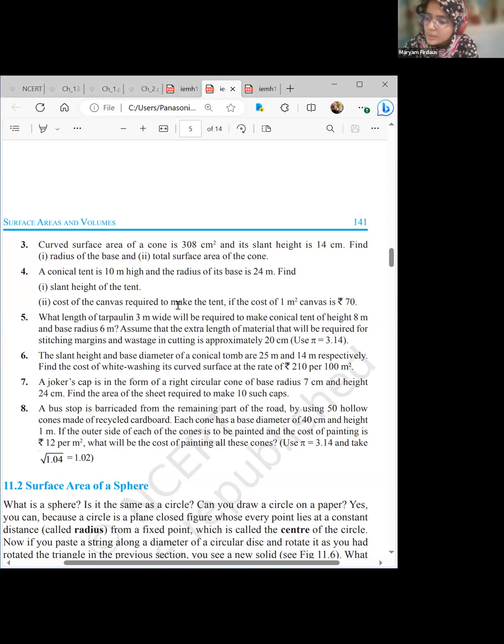Okay. So 3.14 into 6 into 10. So that gives us 31.4 into 6. And that gives us how much? 188.4 meters squared. Okay. This is the curved surface area of the tent.